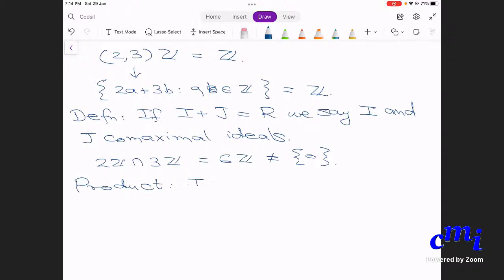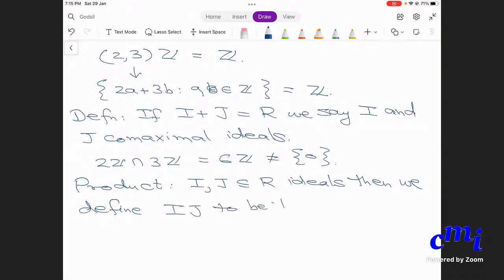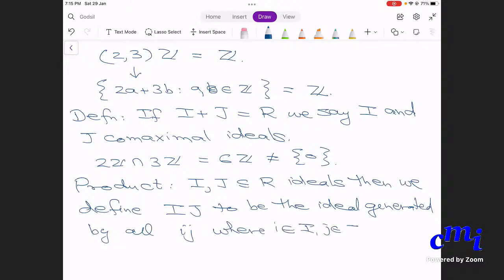If I and J are ideals of R, then we define IJ to be the ideal generated by all little i, little j, where i is in I and j is in J.